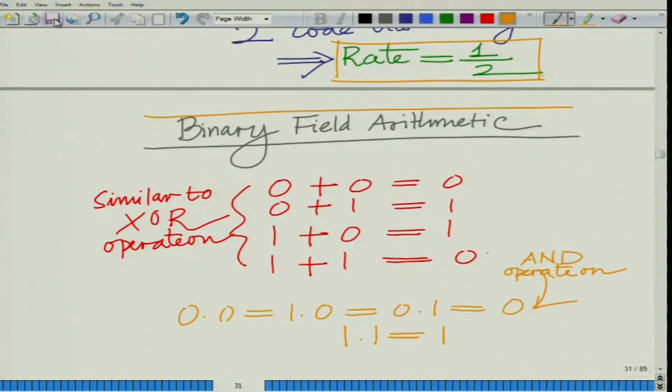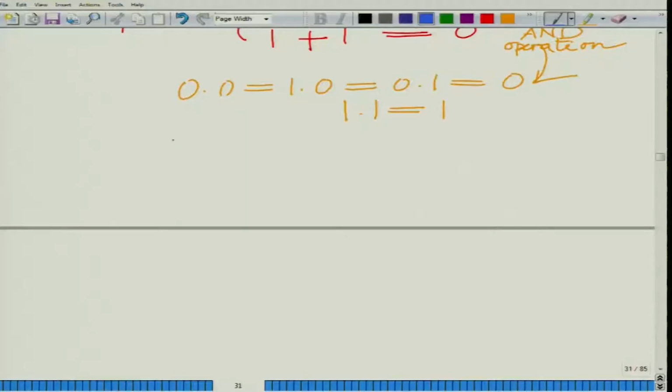This is a bitwise operation, binary field addition, which is similar to the XOR operation, and multiplication, which is similar to the AND operation. And you can see this satisfies several properties. We will not go into the details of that, but several properties are satisfied by these plus and dot operations.